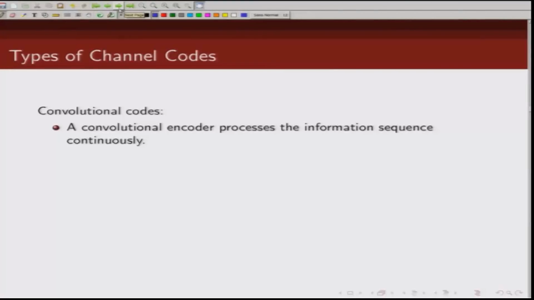Okay. So, let us now contrast it with convolutional codes and how they are different from block codes. In block codes we parse our information sequence into blocks of data and we handle them block by block. Whereas, in a convolutional code you can process your information sequence in a continuous fashion.